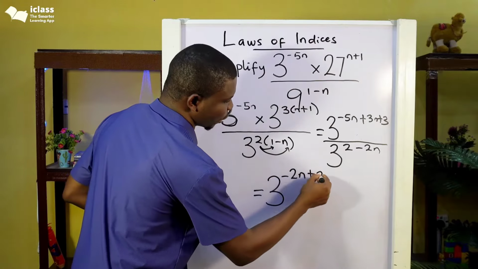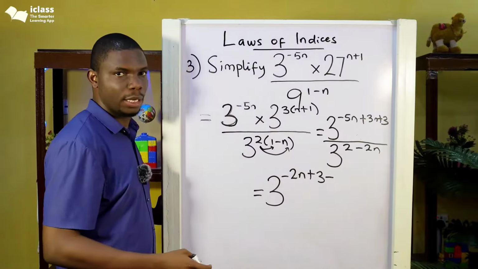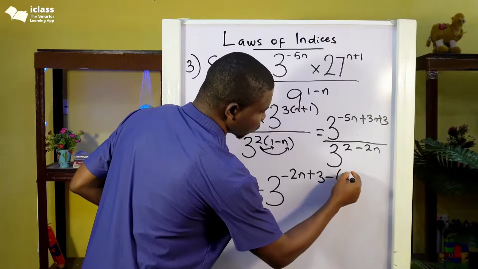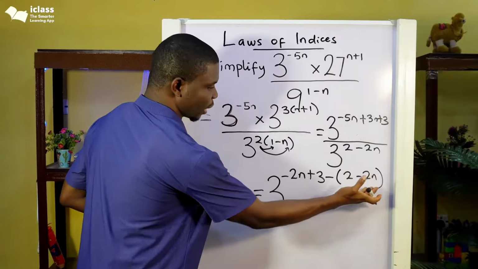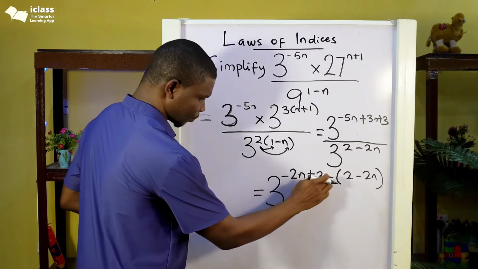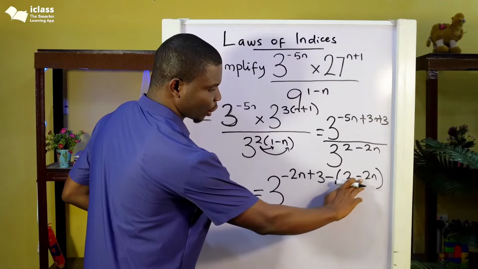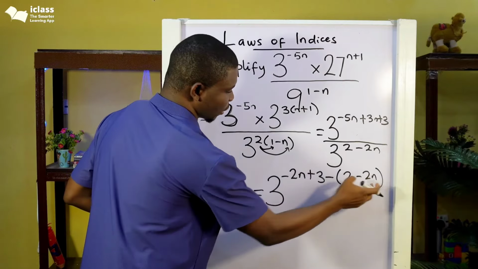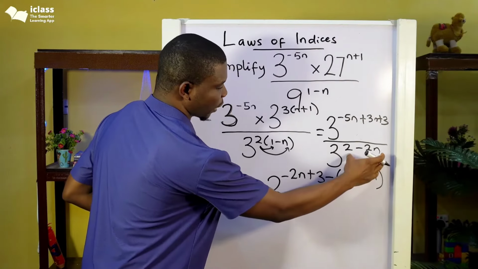Then plus 3, then minus, I'm subtracting the power of the denominator, 2 minus 2n. You can see how I put this in the bracket, because if I didn't, then this sign here will not change and it will affect the answer. So I have to put this in the bracket because I'm subtracting all this power.